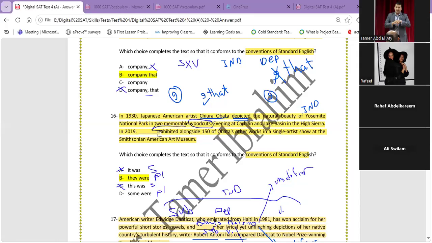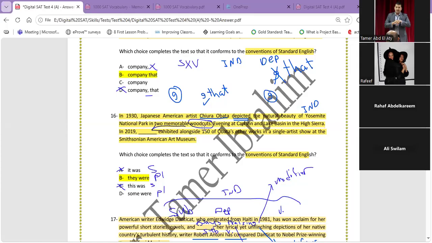But why didn't I read only the one that has the missing part? Because the one that has the missing part doesn't have any indicator for what we're talking about. In 2019, exhibited alongside 150 of Obata's other works in a single artist show at the Smithsonian American Art Museum.